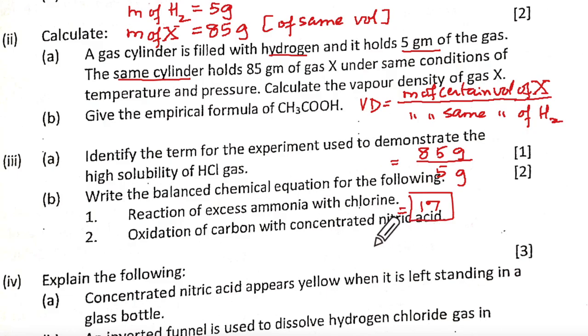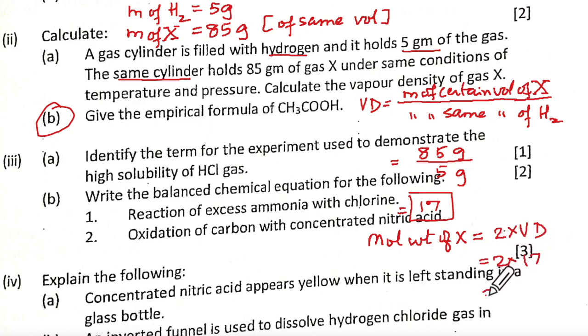They're asking the empirical formula of C2H4O2. That is the B part. They should have asked molecular weight of X, correct? So that would be equal to 2 times vapor density, two into 70.